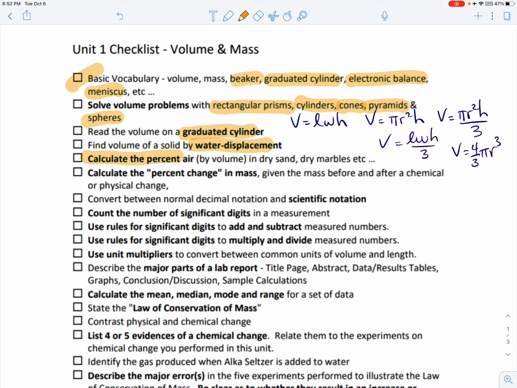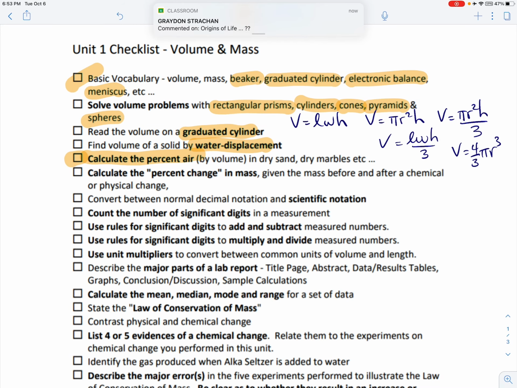We used it in the experiment for percentage of air in sand. We're going to review in a moment how to do calculations for percentage of air in dry sand, in marbles or pebbles, any kind of granular solid where there's air in between the particles. That is the major calculation, by the way, in this unit.